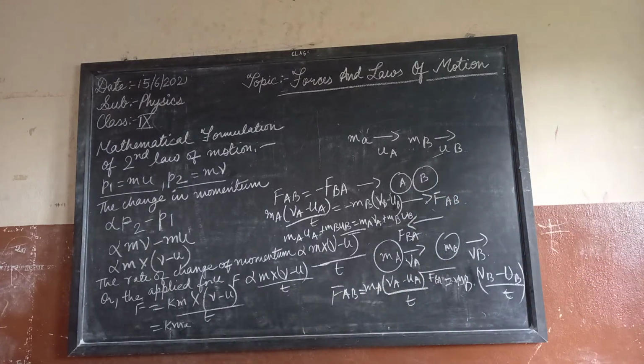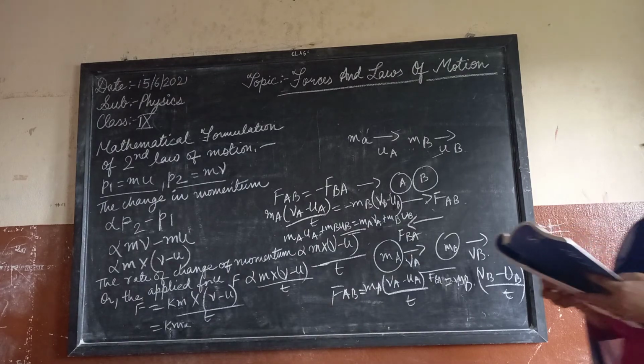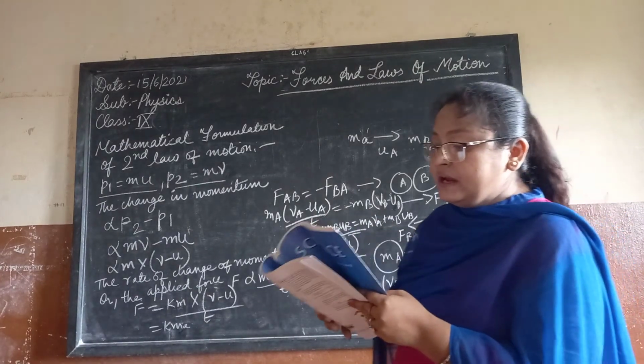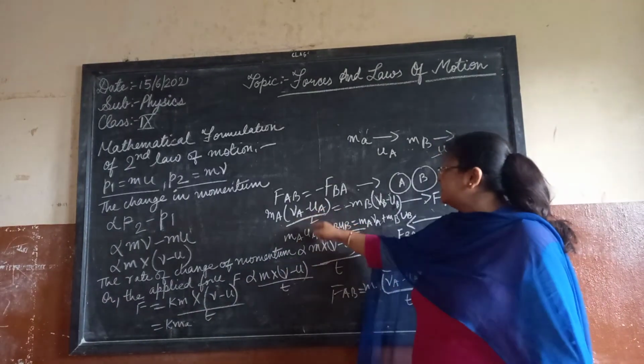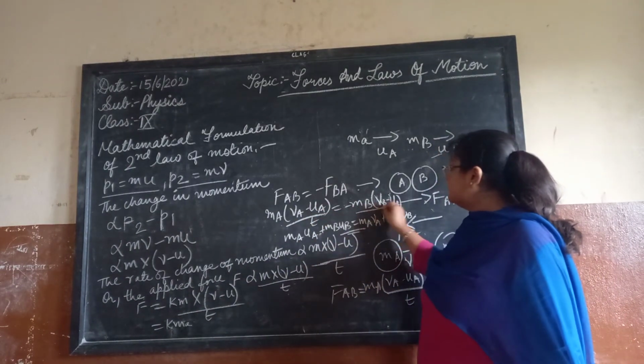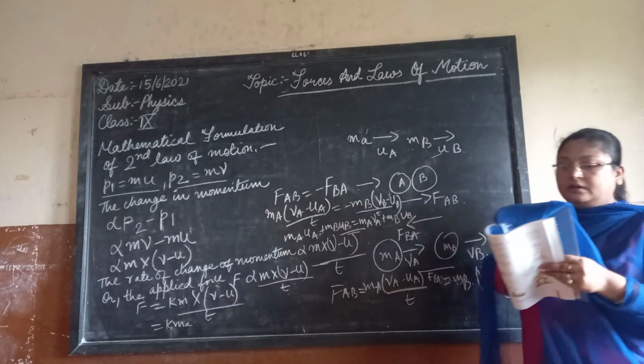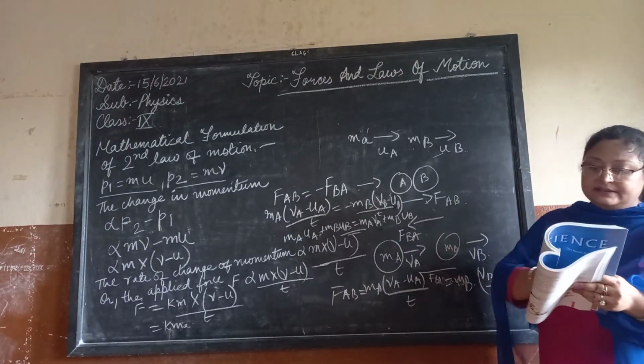So this is why, after collision, the total momentum of the two balls will be given by this relation. We are just multiplying the value and cancelling t here. Okay, so this is how we get the solution.